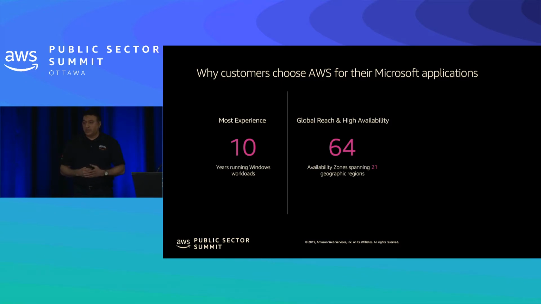We have 64 availability zones across 21 global regions. For those who don't know what an availability zone is, it's basically a collection of data centers which is completely isolated and independent of other availability zones in that same region. They're highly connected with a high-speed, low-latency network, typically 1 to 2 milliseconds apart.